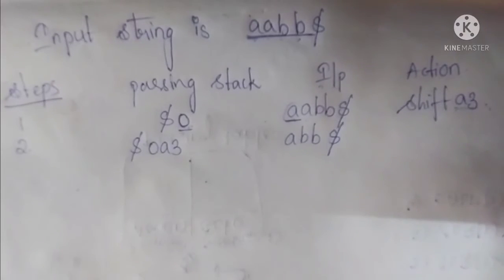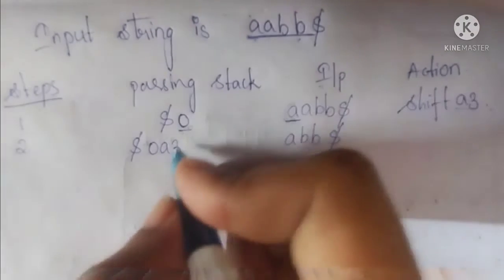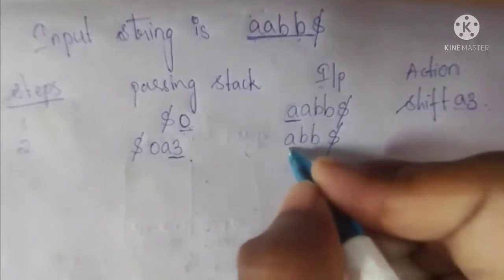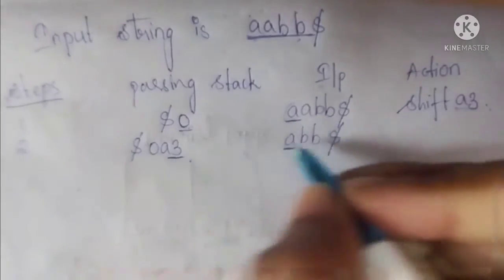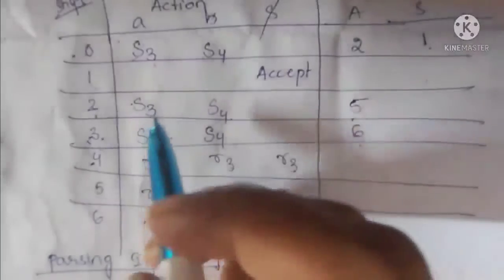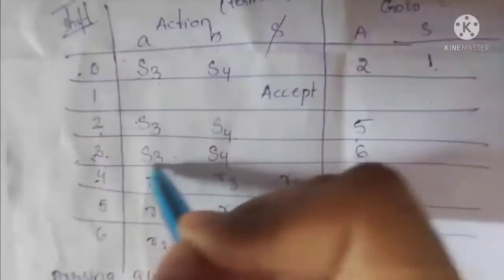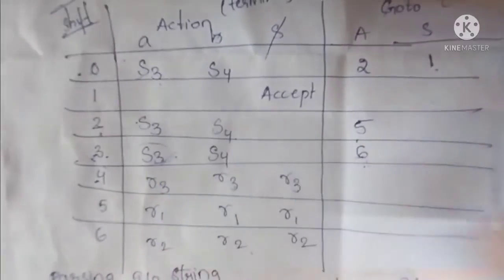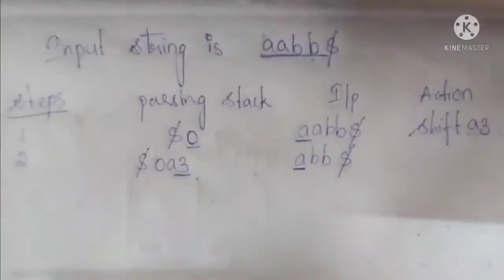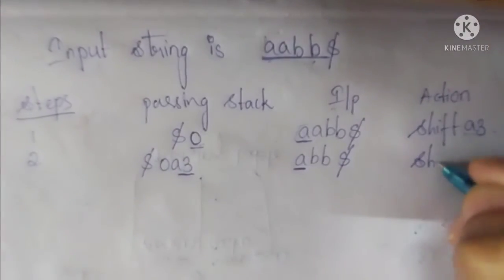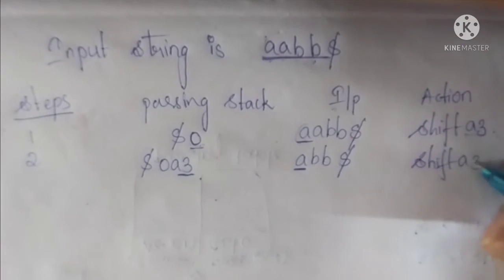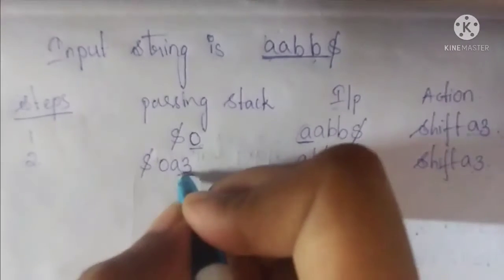Next, check now I3 state to A. Where is I3 state to A going? See here, I3 state to A is going to S3, which means shift 3. So I am writing here shift A3. This A3 should be shifted again here.